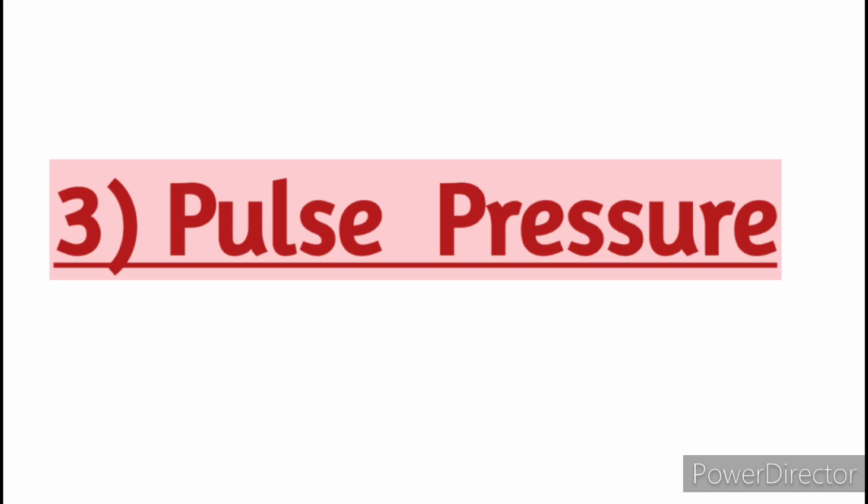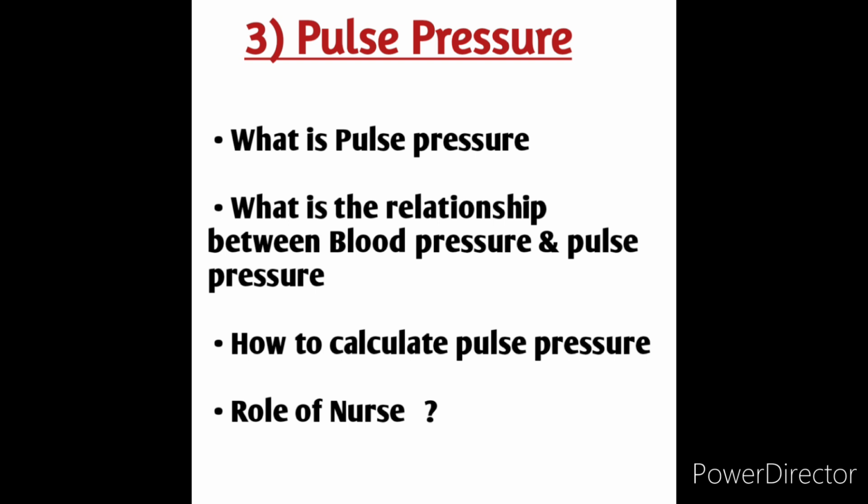The third topic is pulse pressure: what it is, the relationship between blood pressure and pulse pressure, how to calculate pulse pressure, the role of the nurse in blood pressure monitoring, and CVP and pulse pressure. We will discuss all of these in today's class.